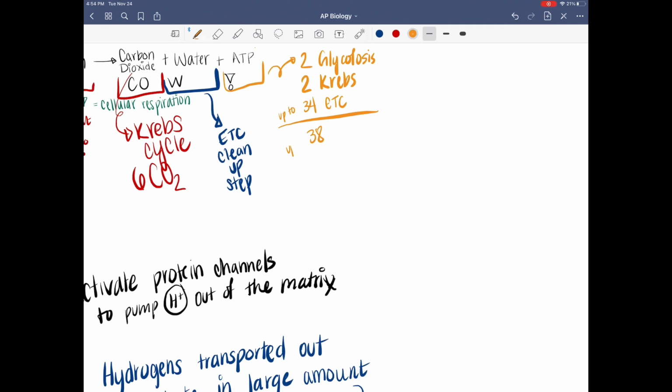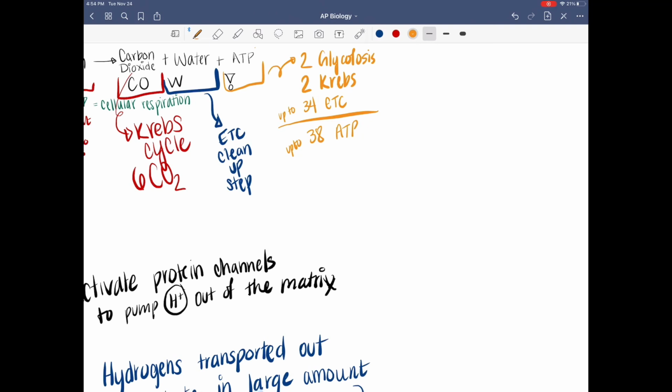Some places are going to count ATP differently depending on looking at the NADH and FADH2 molecules that are being made in glycolysis, because those are what lead to the ATP being made in the electron transport chain. But I'm just looking at it in terms of counting the exact ATP made in each step. And so this would be our overview of what we have all together through the process.